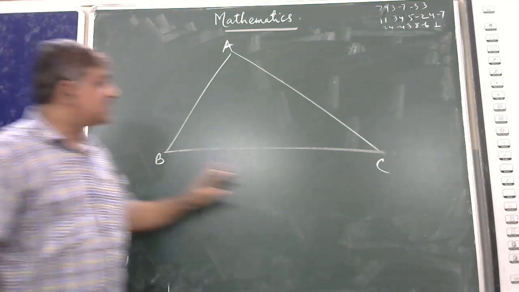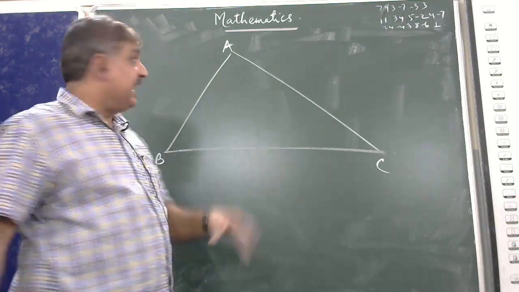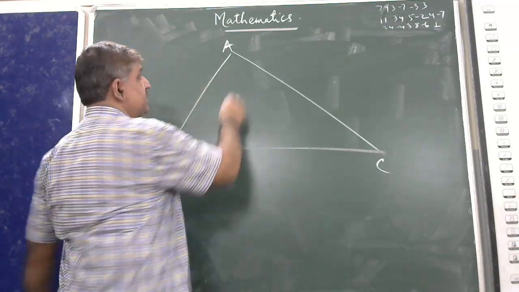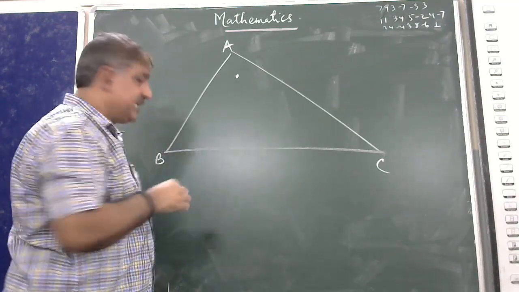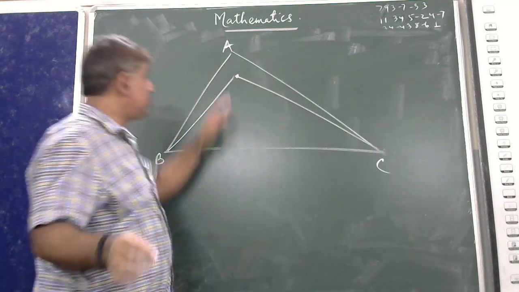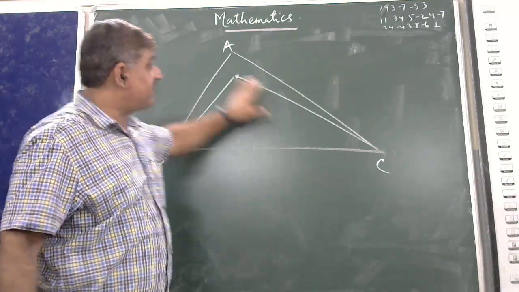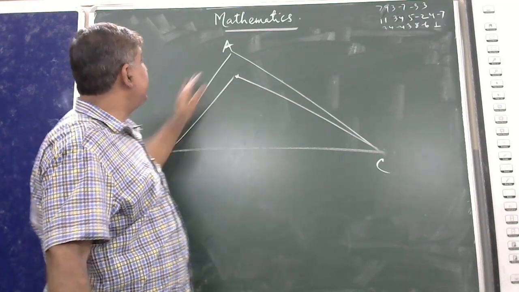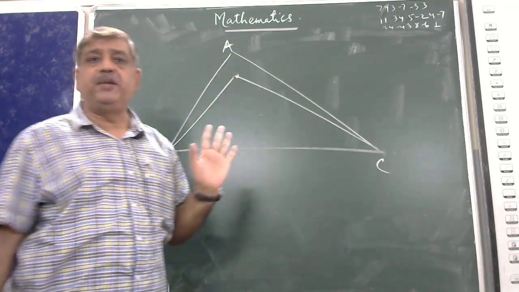Suppose points B and C are fixed, and now point A is moving. During its motion, suppose point A is here. Now if you join A with B and C, you will get a triangle, and the area of this triangle is smaller than the area of the original triangle ABC.